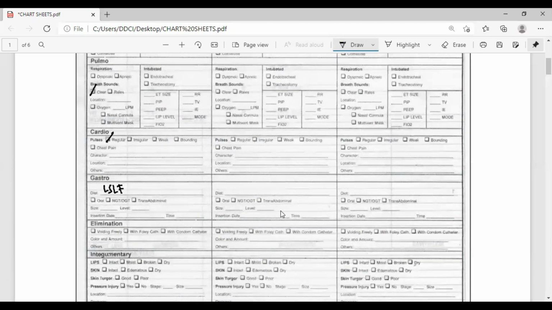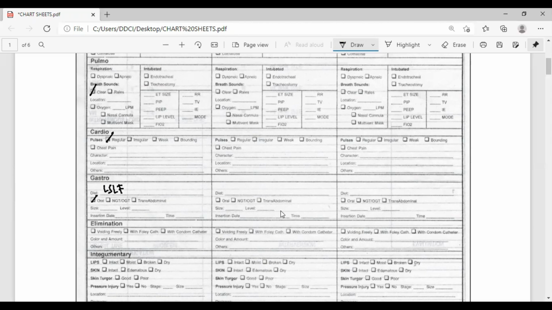Okay, then he's taking his food orally. And if in NGT or OGT or transabdominal feeding, you have to include the size and the level of the NGT and the insertion date and the time. Okay, so for the elimination, for the urine, is it voiding freely, with Foley catheter, or with condom catheter?